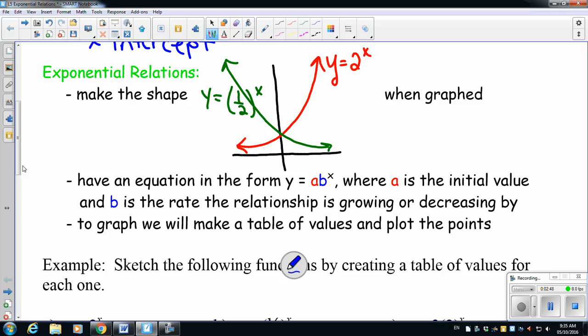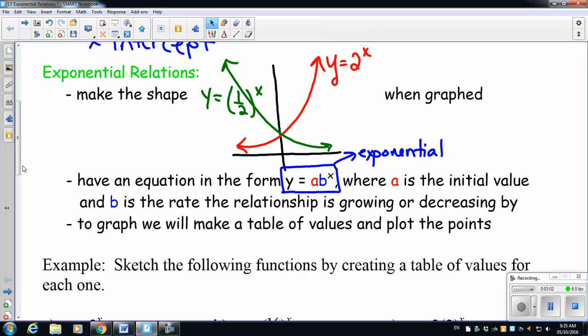When you have an equation in the form of y equals ab to the exponent x, that is an exponential relation, and it'll make the shape we just talked about, that nice curve that curves up or curves down depending on the base. The number at the beginning, the a value, is called the initial value of the function, and b is the rate the relationship is growing. It's the base. It's how quickly it's increasing or decreasing.